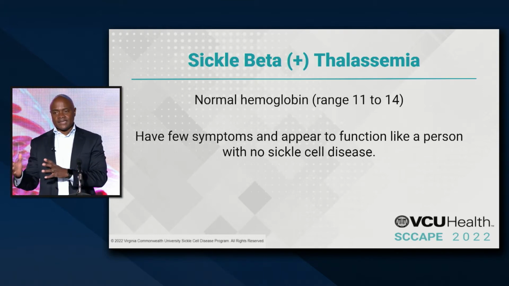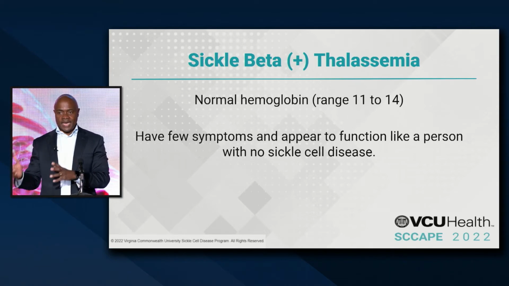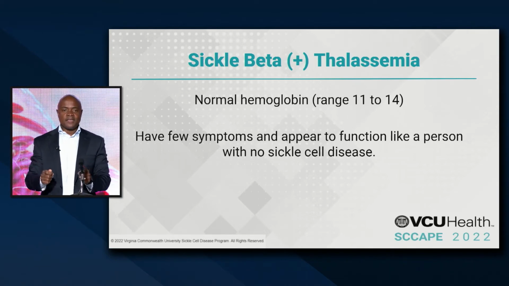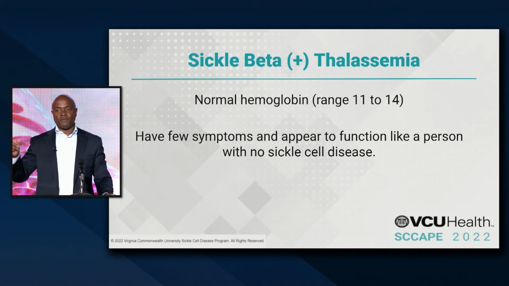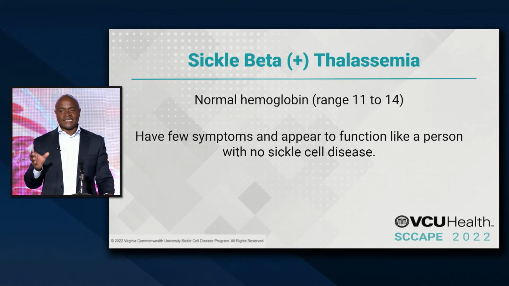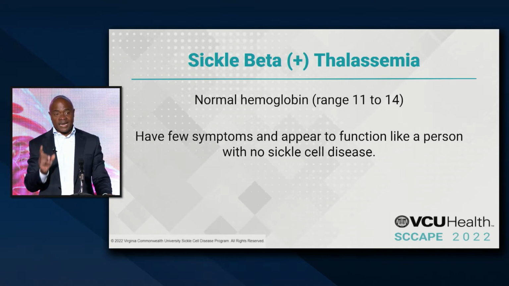So less sickle cell crisis, less anemia, less pain. I say that they tend to because not every human being reads textbooks and follows what the textbooks write. But generally, when we see somebody who has sickle beta plus thalassemia, their manifestation tends to be mild.